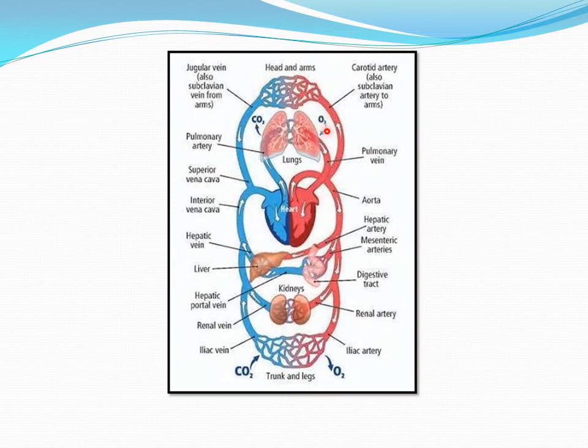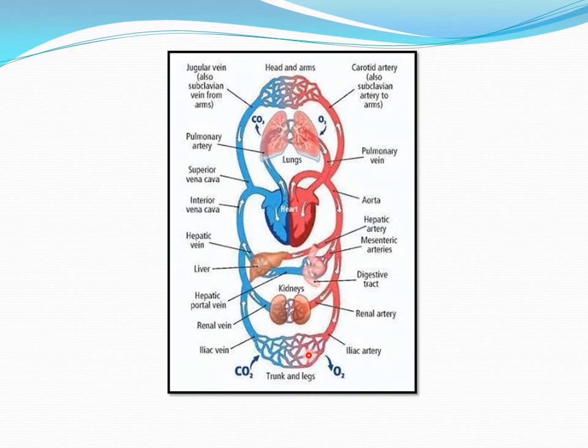The lungs receive oxygenated blood through the pulmonary vein, and through the aorta in this systemic circulation. This part is systemic circulation. It is transporting blood to the different parts of the body.